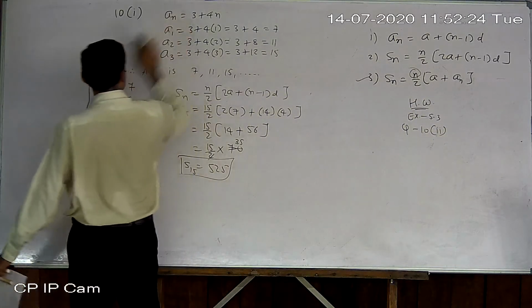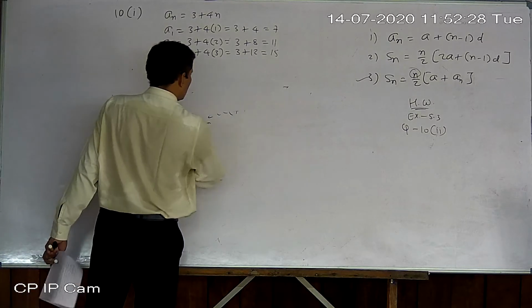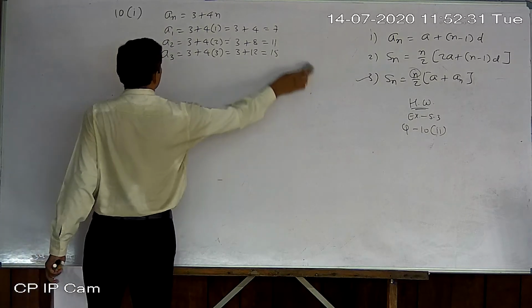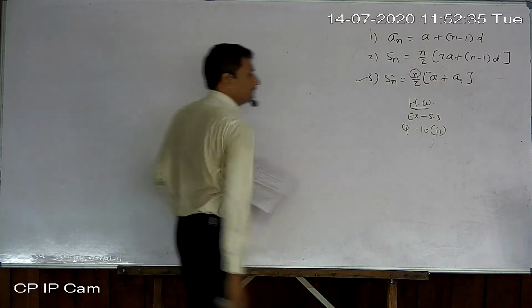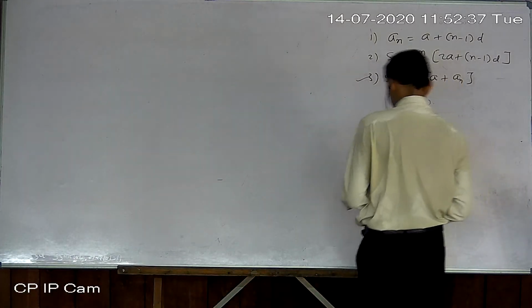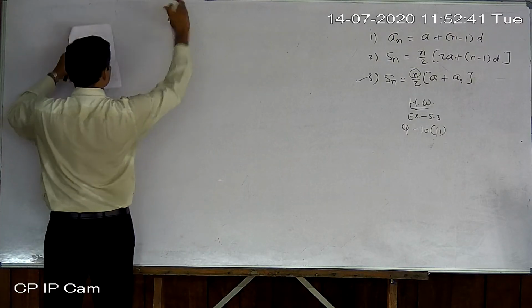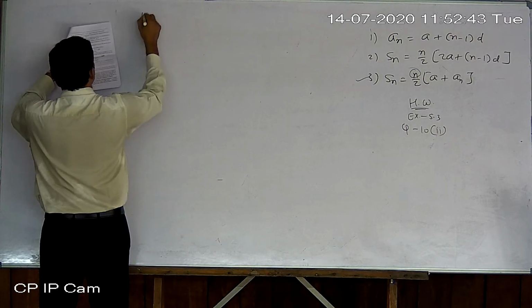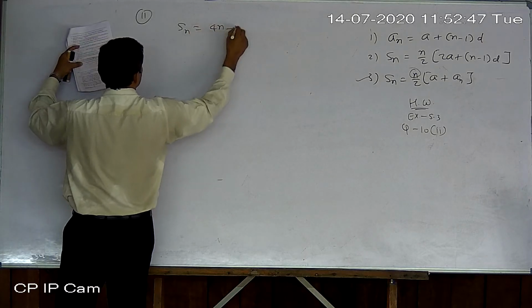Okay. So here the general sum formula Sn is given. Write it down and then place the values 1, 2, 3 there. Sn is equal to the given 4n minus n square.